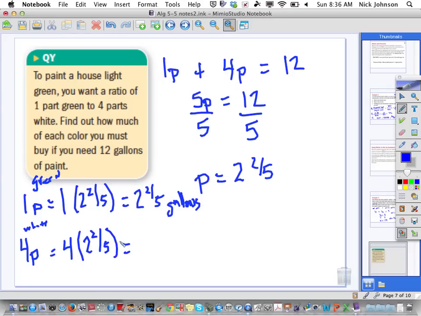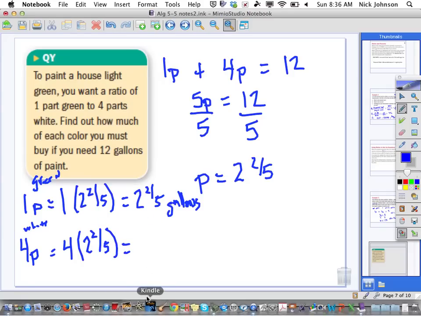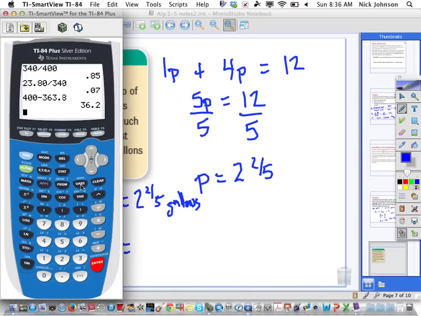Okay? Now, go to your handy-dandy calculator. 2.4 times 4 is 9.6. If I wanted to write that as a fraction, I hit math, fract, hit enter, 48/5, which tells me it's 9 3/5, right?